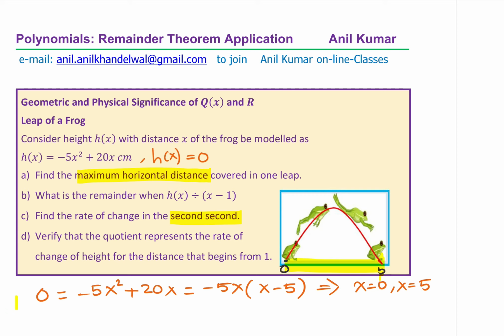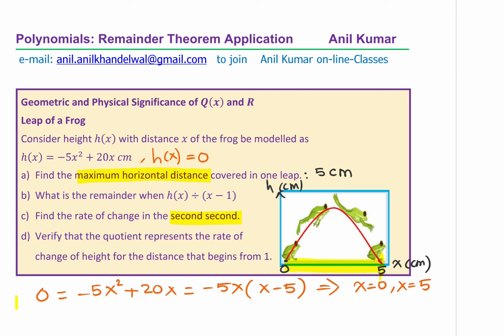So from here, it is very clear that if I take this as my origin, in that case, that is 5 centimeters. So we have this value of x in centimeters. And this is the height, h, in centimeters. So the maximum distance which is covered in one leap is 5 centimeters in this particular case. Is this clear to you? Perfect.